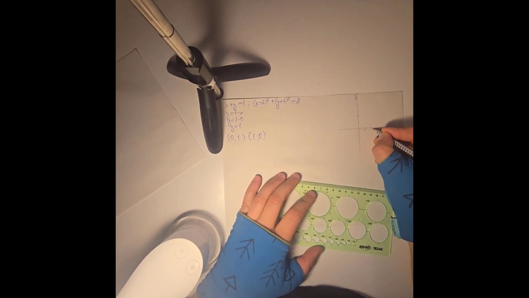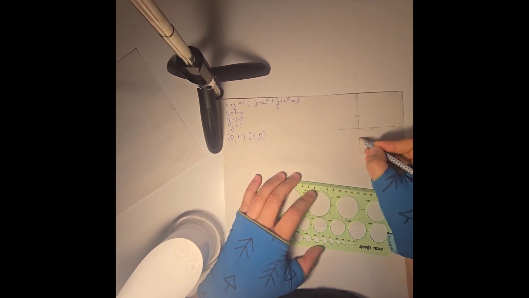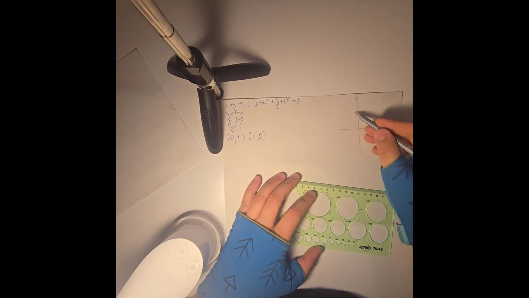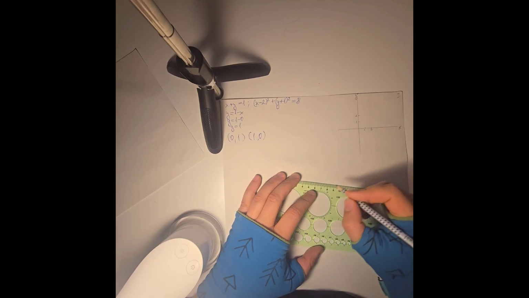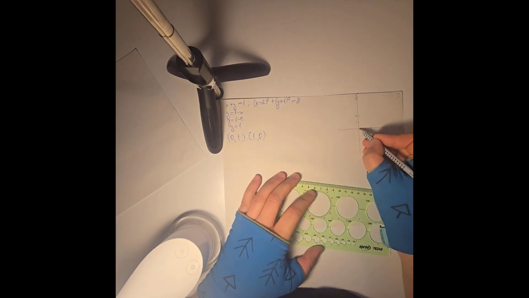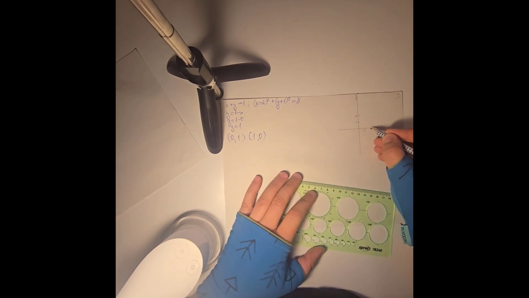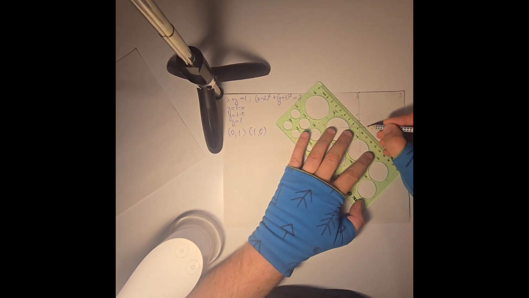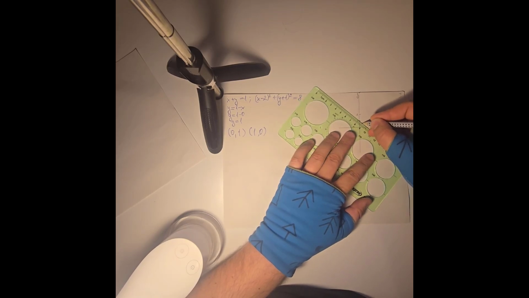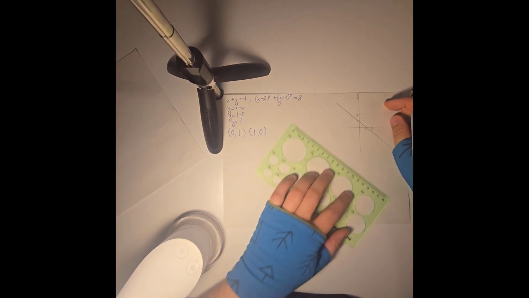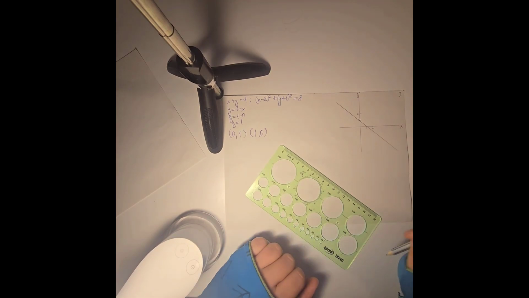We have 1, 2, 1, 2, and of course here we have the negatives as well, but we're only interested in this part for the time being. This is the first quadrant. So x equals 0, y equals 1, this is our first point, and x equals 1, y equals 0, this is our second point. Because it's a linear equation, we connect them.